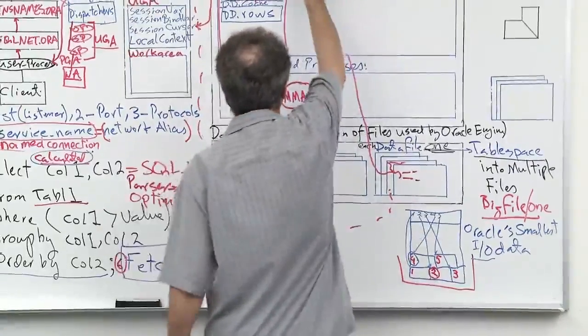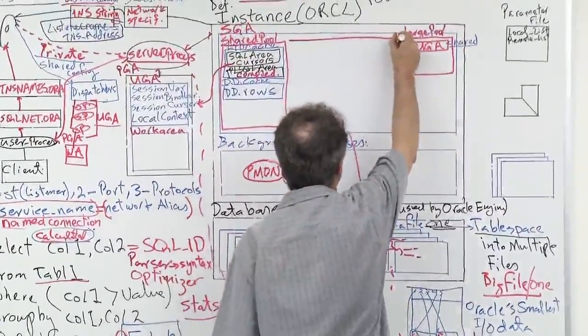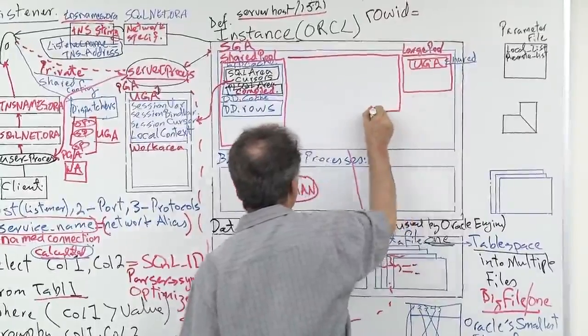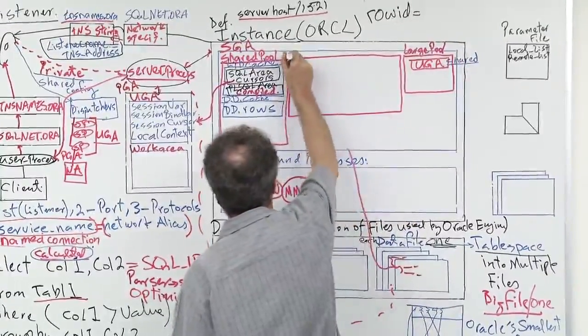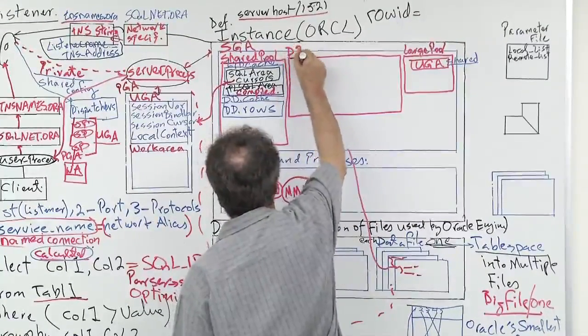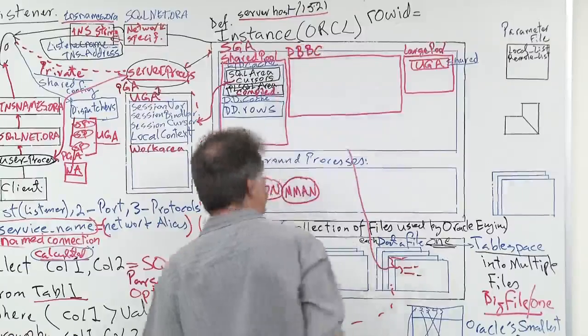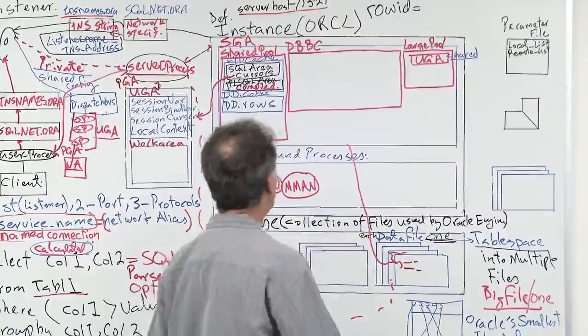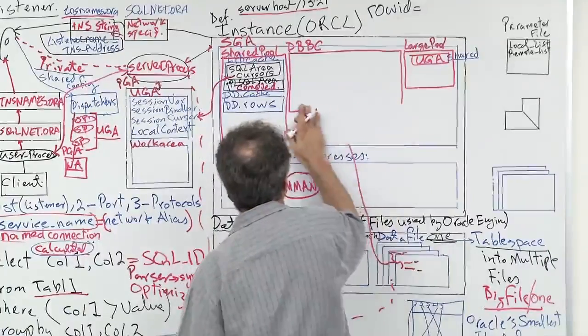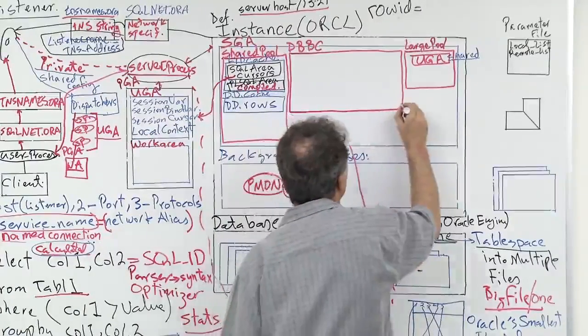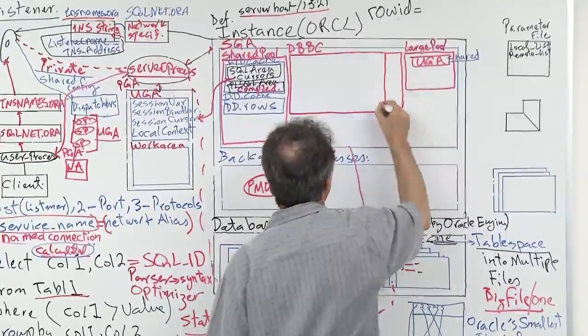Therefore, right here in our shared memory, we have a structure that is called the database buffer cache. And we always show this database buffer cache in little squares.